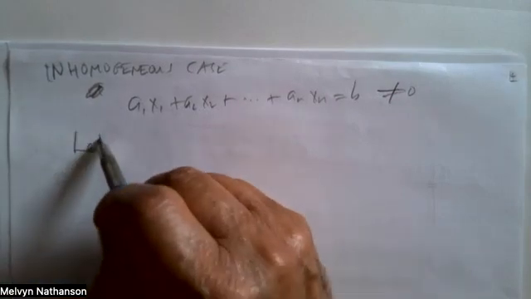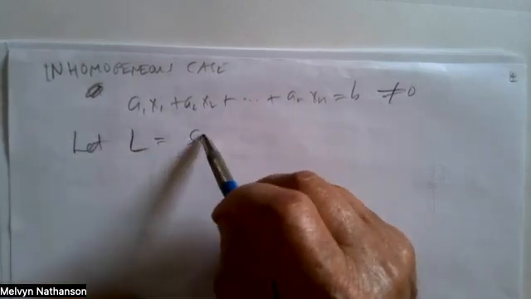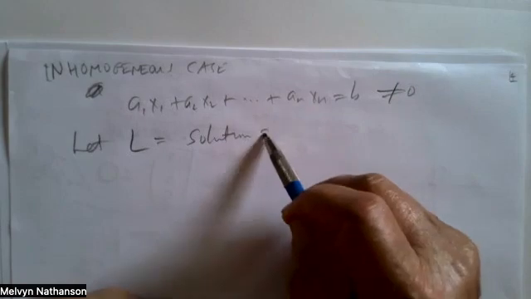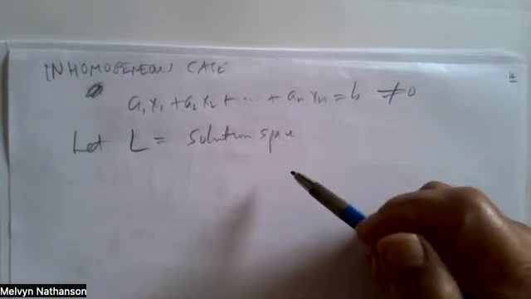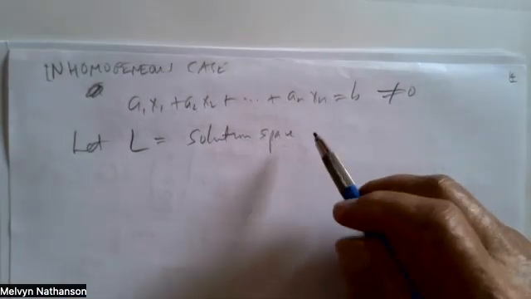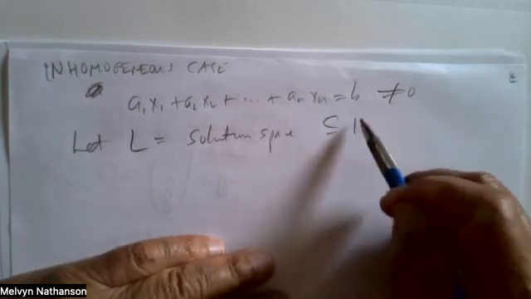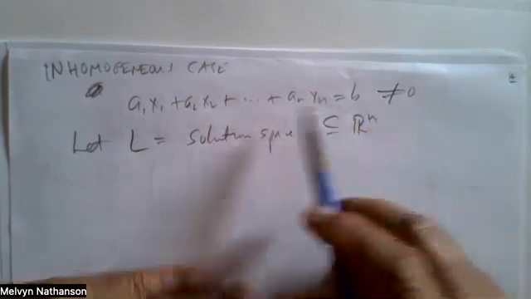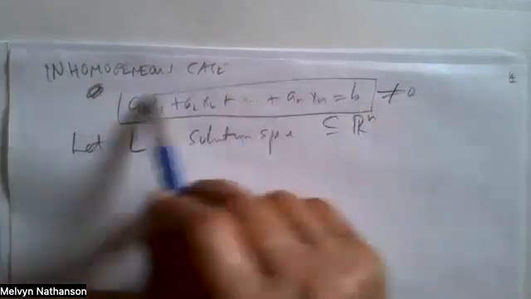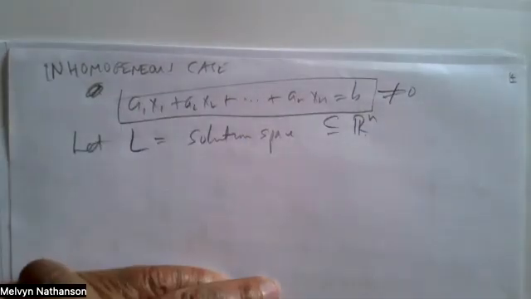Suppose I let L be the solution space of this equation. So this is some subset of Rn. It's all vectors in Rn that are solutions of this equation.